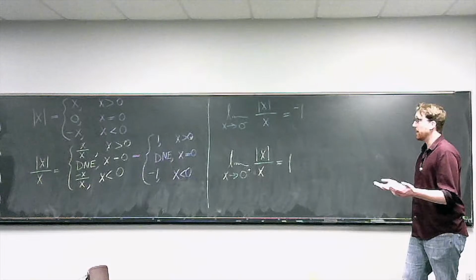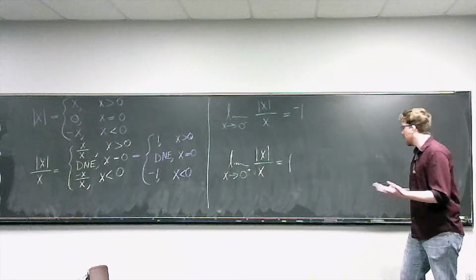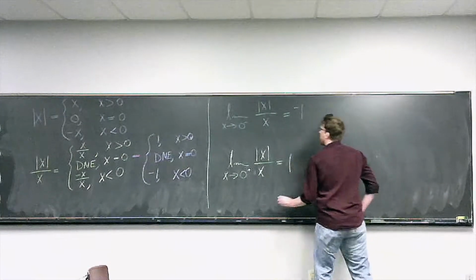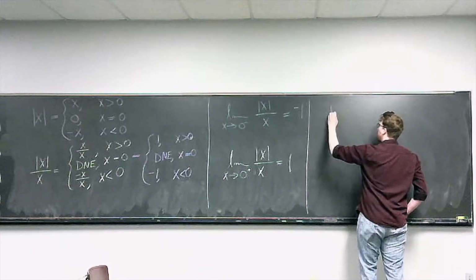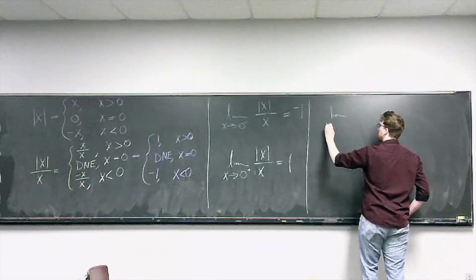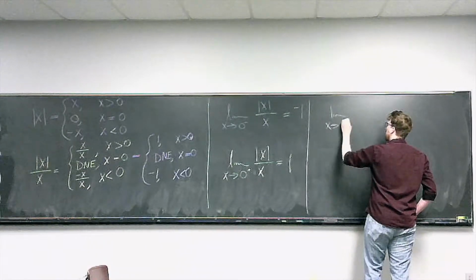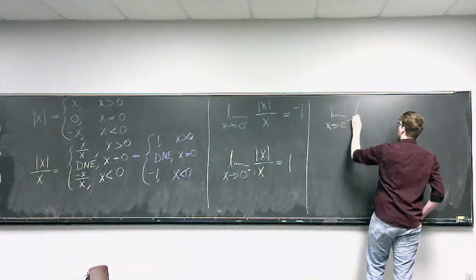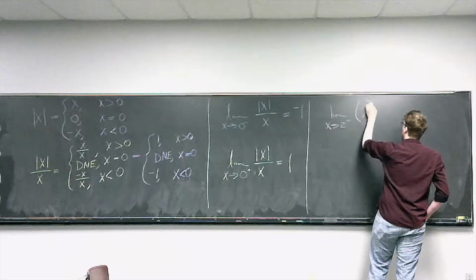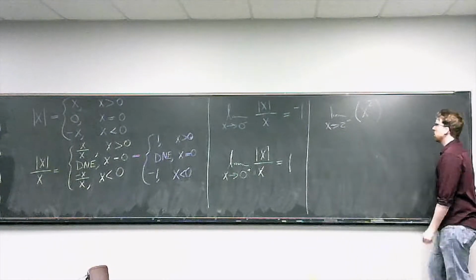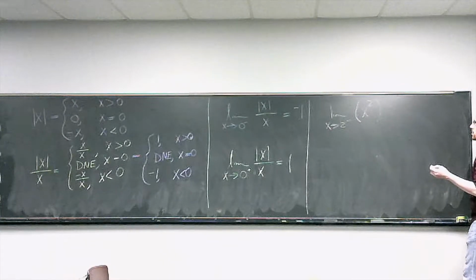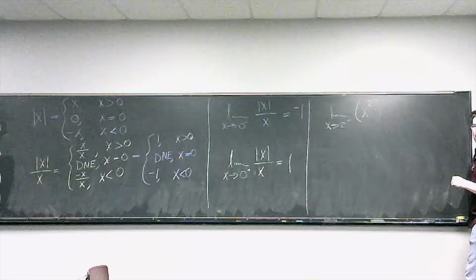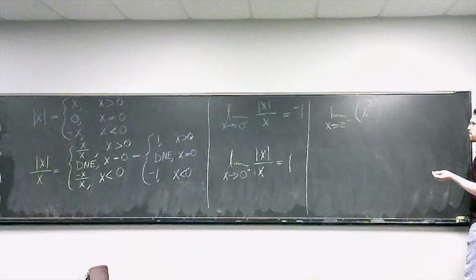Sometimes it's even more simple than that. Sometimes we might have a function like, let me write this out. Let's say we have the function x squared. Well, the limit as x approaches 2 from the left of x squared, that's just going to be 4, isn't it?